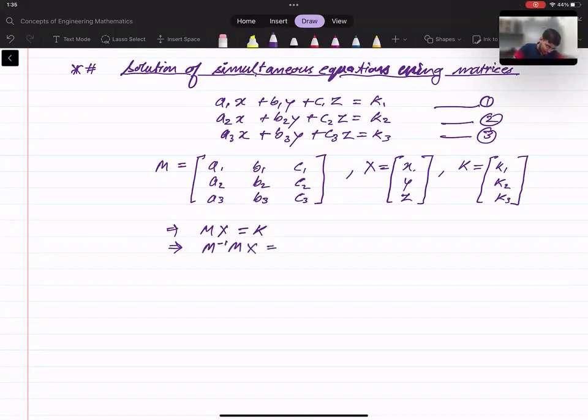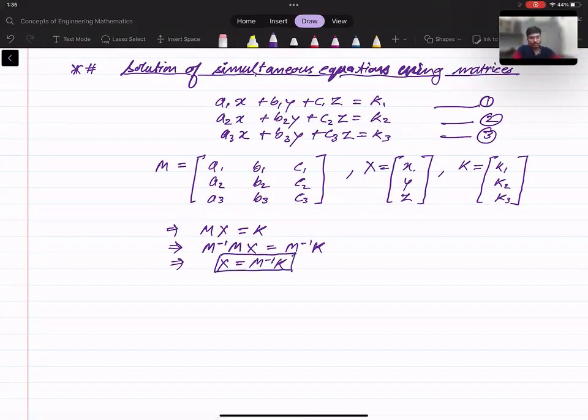So this is m inverse k, and this becomes I into x, which will be nothing but x is equal to m inverse k. And from here we can simply find the corresponding unknown variables.